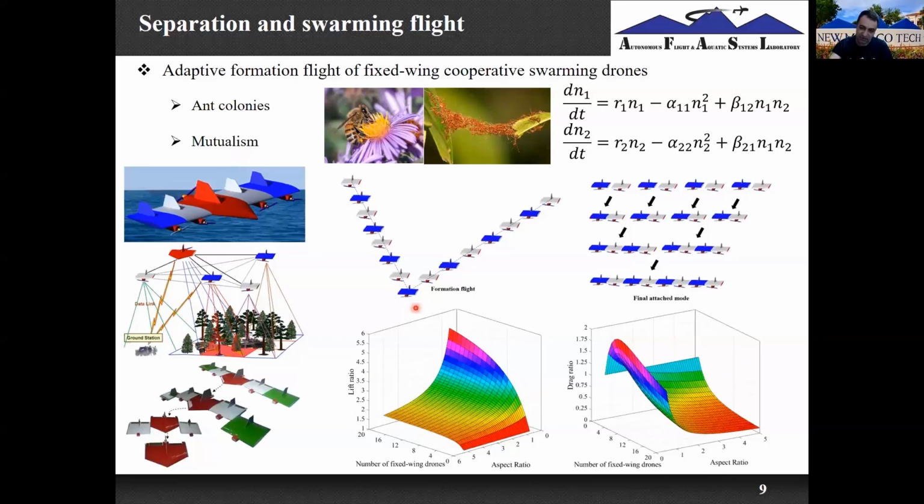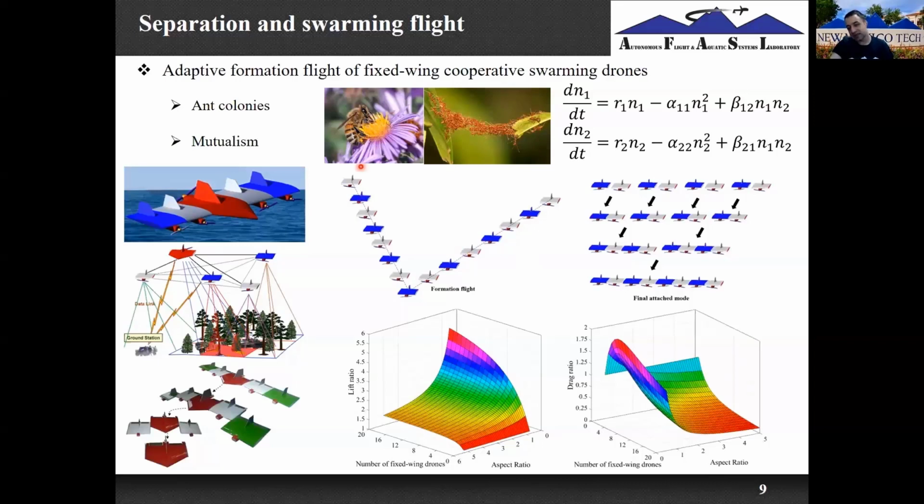So we talked about the V formation. We said that usually the drones in the leader position or tail positions consume more energy compared to the drones at the middle positions. So what would happen here if we look at nature? We saw the bees and the flowers that work together and both take advantage.